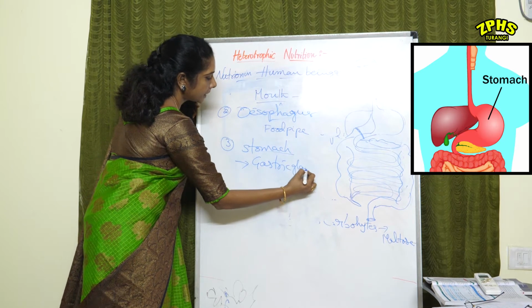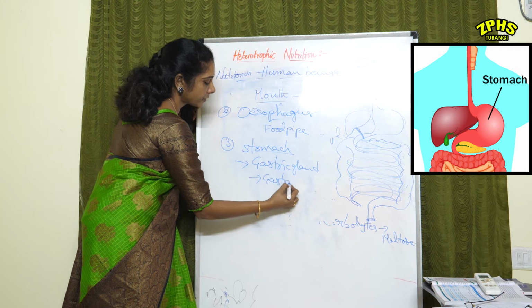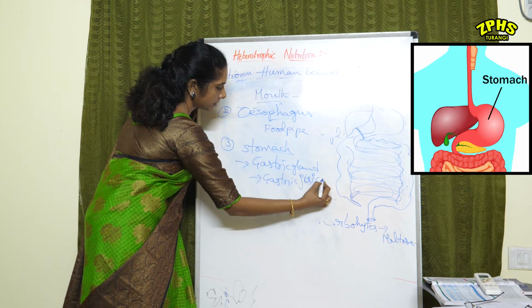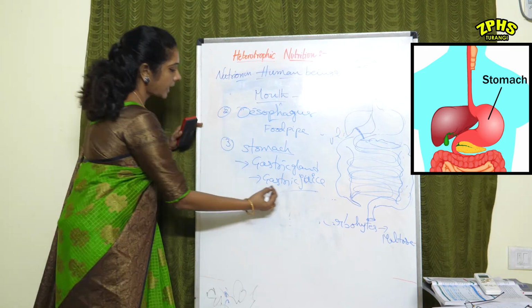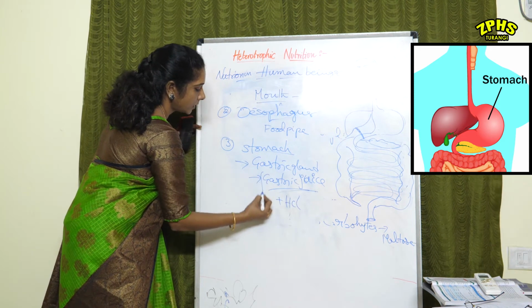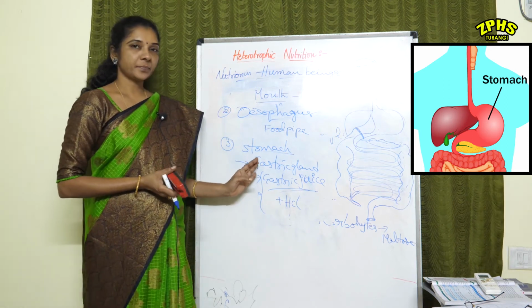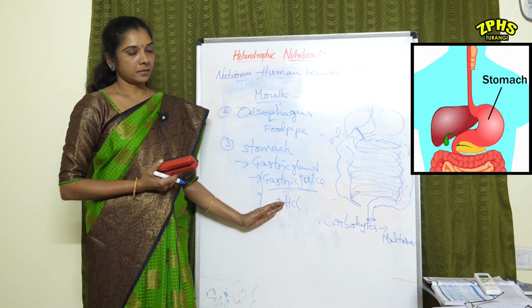These glands secrete a juice which is known as gastric juice. So what are present in the stomach? Gastric glands which secrete gastric juice and acid.